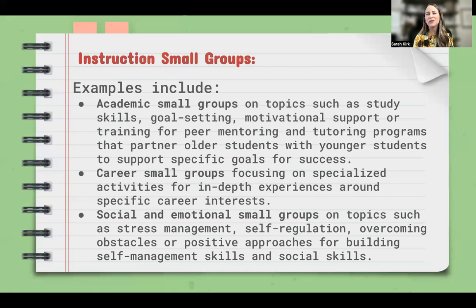This would also include those emotion management small groups. I did a lot of understanding our emotions or anger management or identifying our emotions. I also did a lot of mindfulness small groups that would fall under this. I was providing instruction on how to use mindfulness to increase our social and emotional skills. So definitely the most popular, I think.